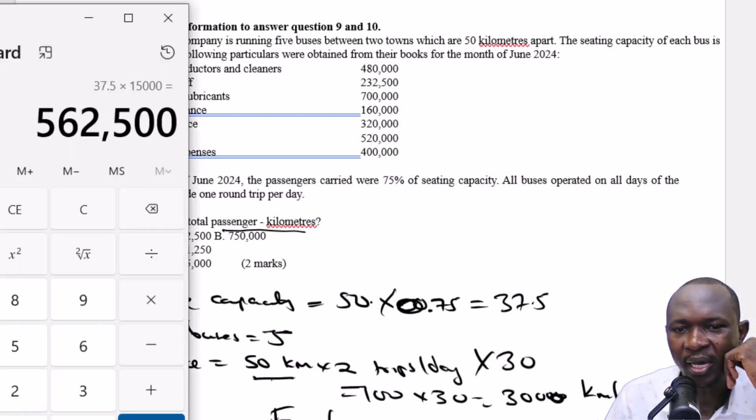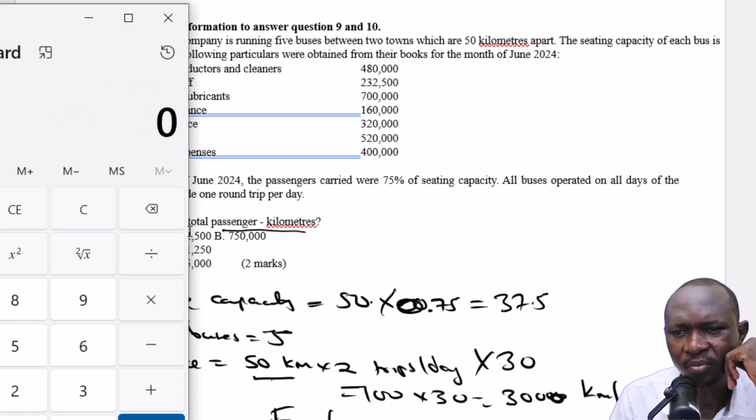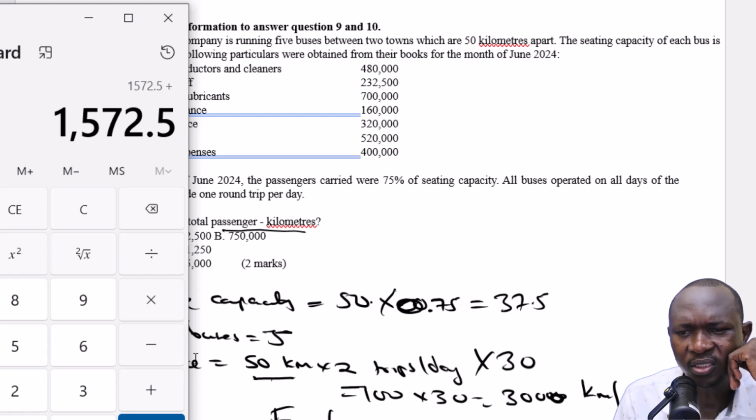So this will be 480 plus 232.5 plus 700, 860. I've added the 2, plus I've added this plus this. This is 840, 1,240.